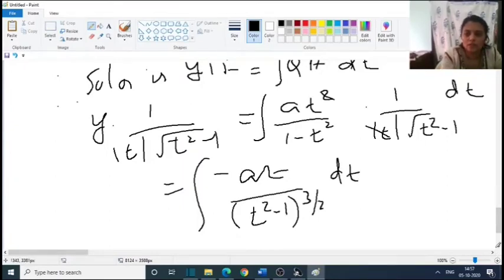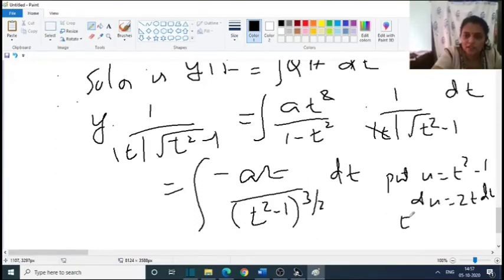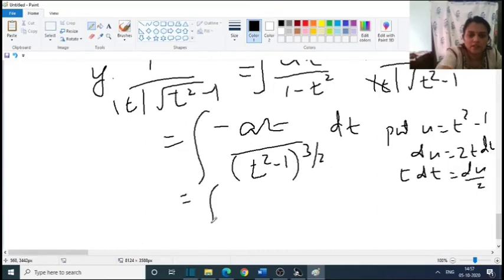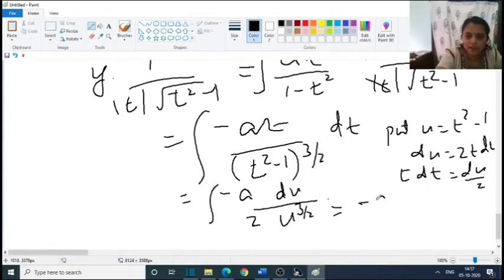Now put u is equal to t square minus 1, then du is equal to 2t dt. So t dt is equal to du by 2, which is equal to minus the integral of minus a du by 2 u raised to 3 by 2, which is equal to minus a by 2 into u raised to minus 1 by 2 by minus 1 by 2 plus c.